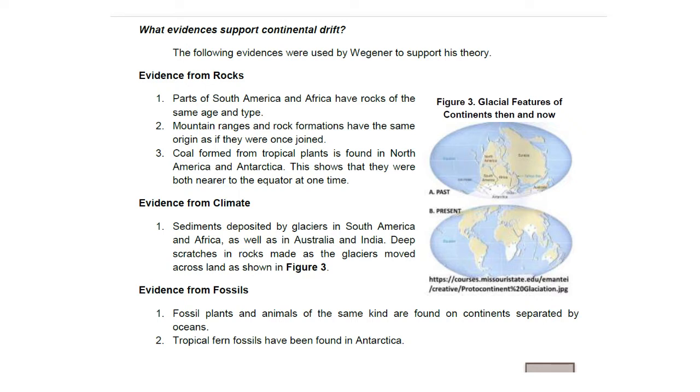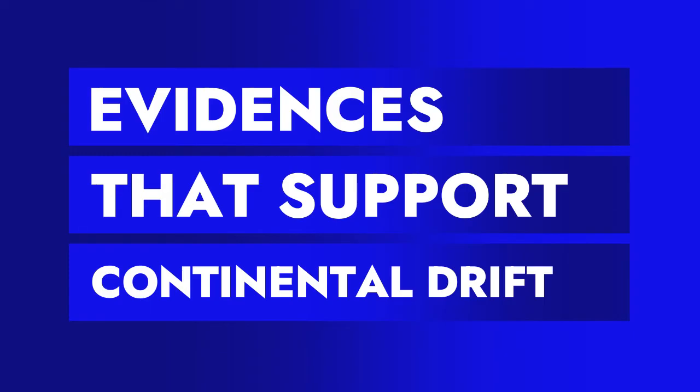In this video, I will be introducing 4 evidences because there is one evidence that was not really explained in the module, but it is the easiest evidence that was used by Alfred Wegener as a basis in formulating the continental drift theory. Now, what are these 4 evidences?